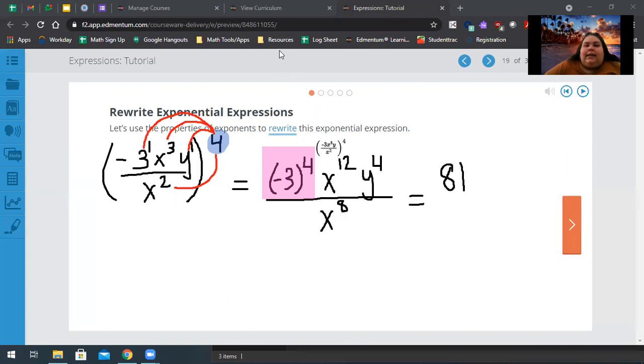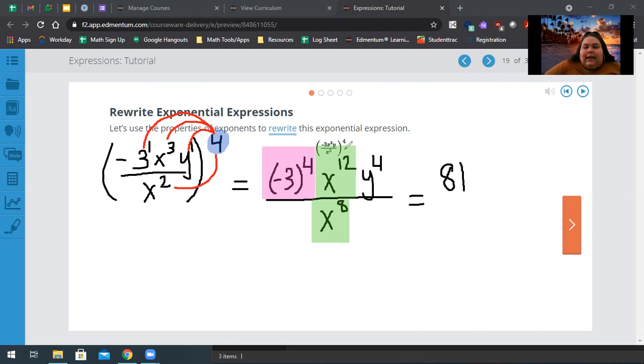Now let's move on to the next part, and I'm going to break them into little sections. I have x to the 12th power here and x to the 8th. Since we are dividing, I can write it out the long way, 12 x's at the top, 8 x's at the bottom. But the rule is that because we're dividing, we can simplify this because it has the same base.